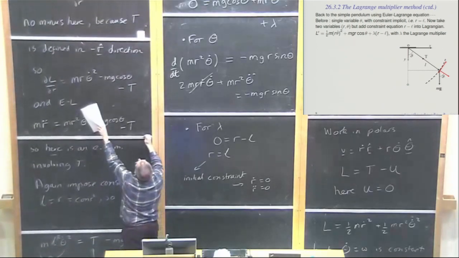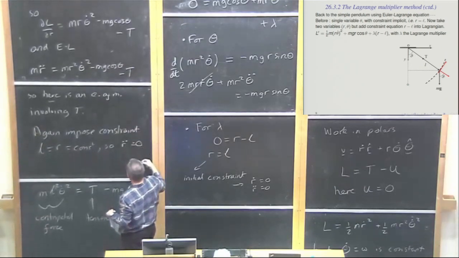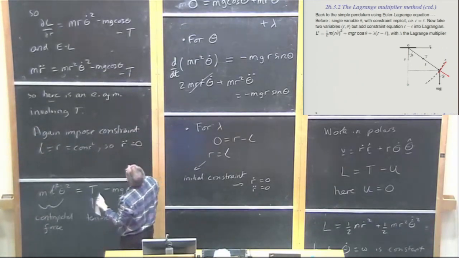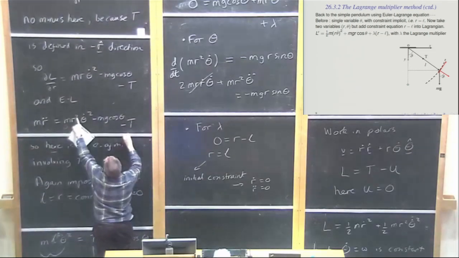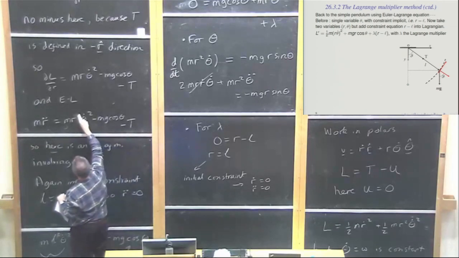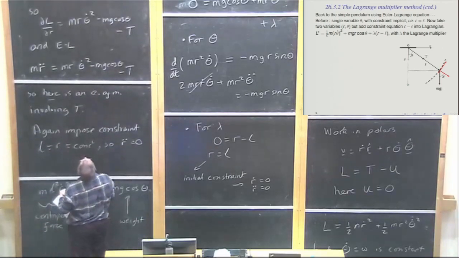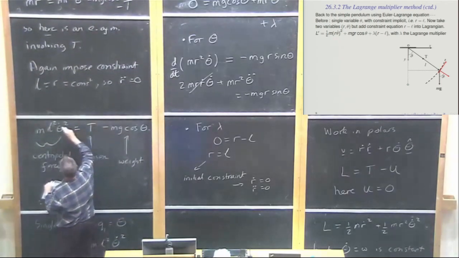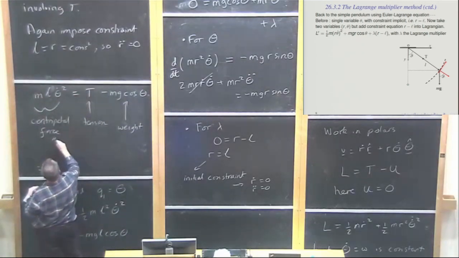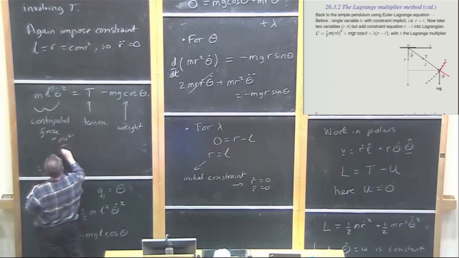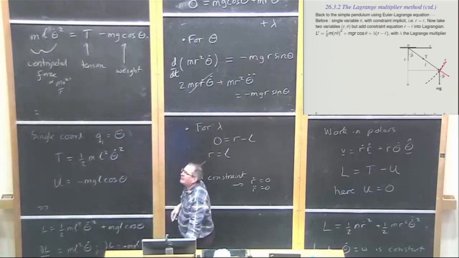Just a minute. Here. Yeah, because otherwise this wouldn't be right, because this needs to be centripetal force. So this needs to be mv squared over r. Is that okay now? So, a minus sign wrong.